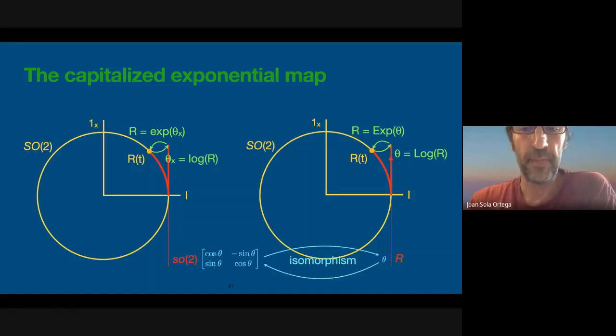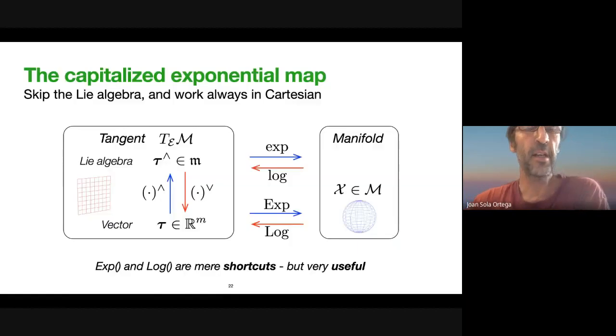All right. And yes, you pass from theta to theta cross like this. So here is a little map of transformations. You have on the left the tangent space with two different representations. On the top is the Lie algebra.